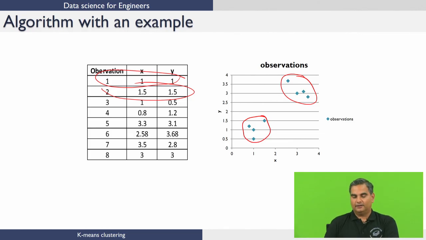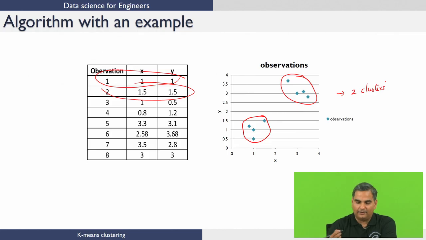In any case, let us say we want to partition this data into different clusters, and let us assume for the sake of illustration with this example that we are interested in partitioning this data into 2 clusters.